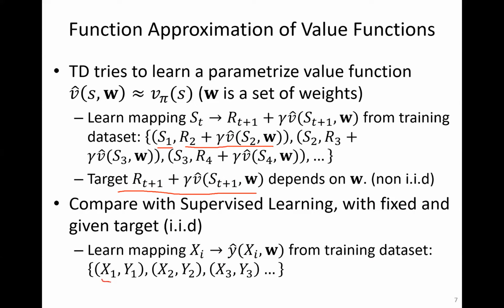X may be an image, Y may be a label of a cat or dog, and these are not affected by your weights. They're static. Whereas for TD, your target is changing as you update W. So it's really a moving target.